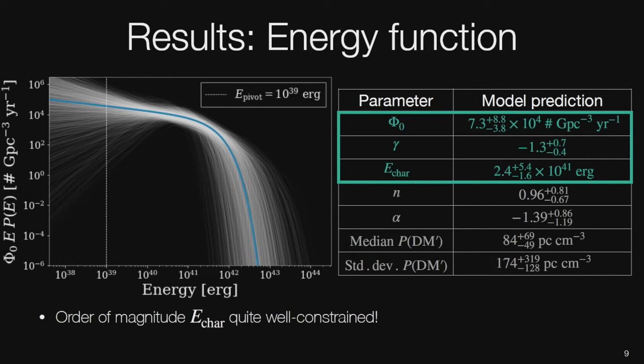We also obtain the differential power law index for the Schechter function of about minus 1.3, and a characteristic energy cutoff that seems pretty well constrained at about 10^41 ergs.